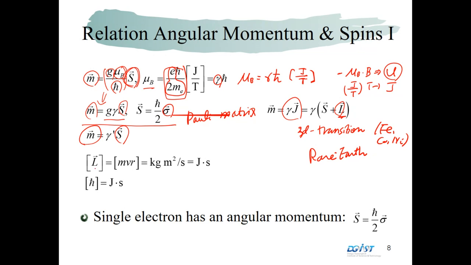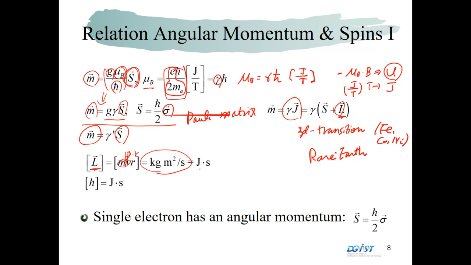And please remember that the unit of the angular momentum is the linear momentum multiplied by distance. So the unit is kilogram meter squared per second. Am I right?